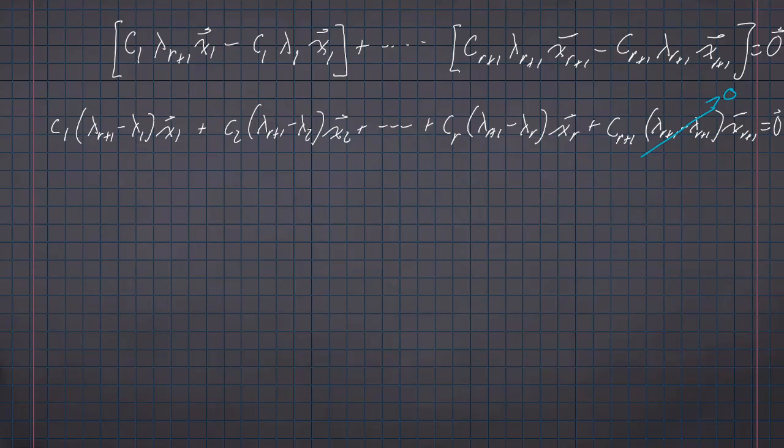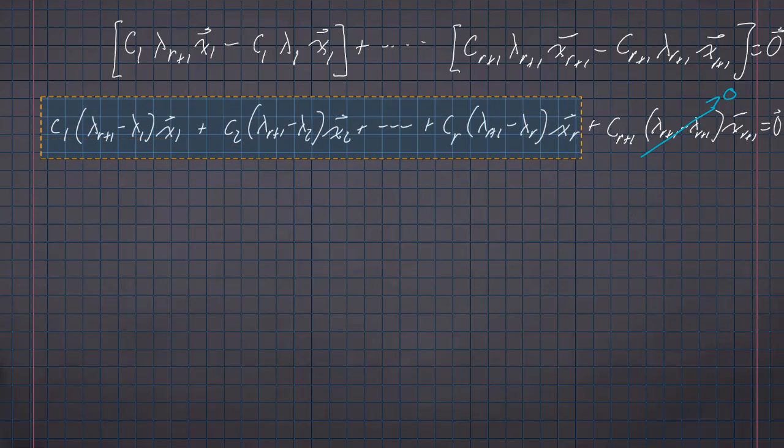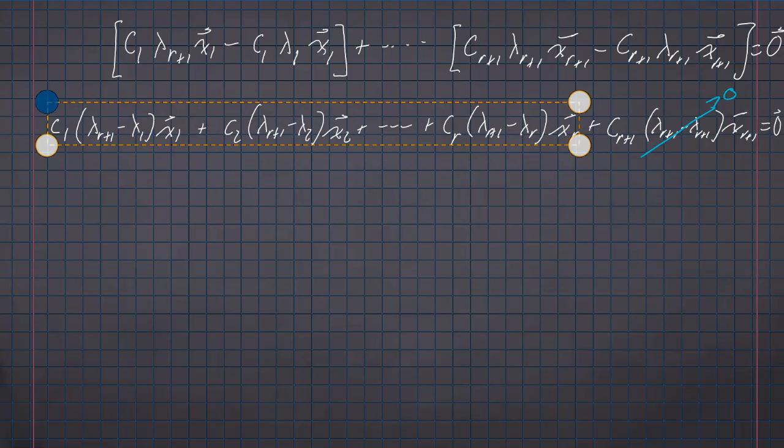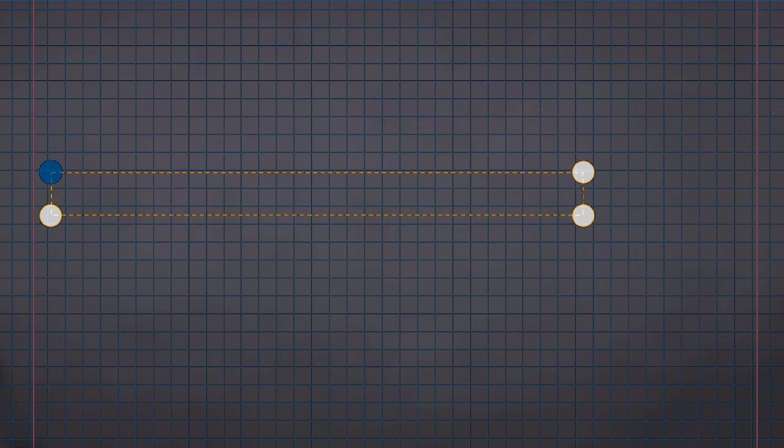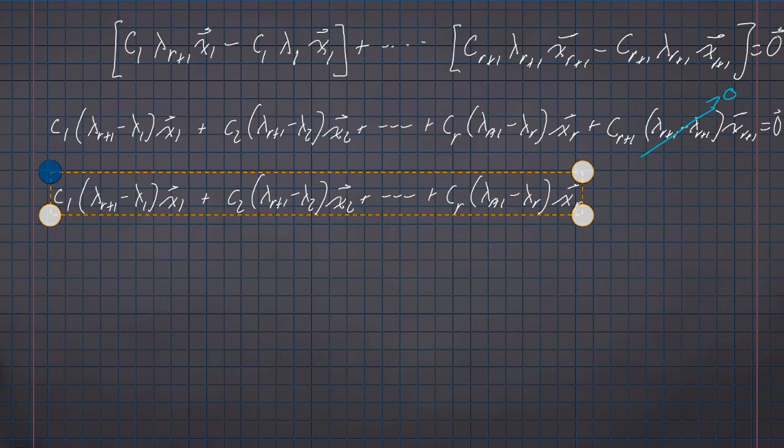And I really just have the rest of all of this equals the 0 vector. And as hideous as that algebra is, that's the whole story.